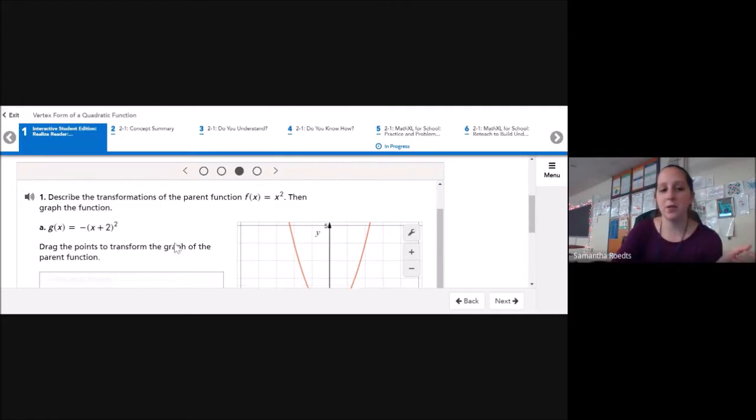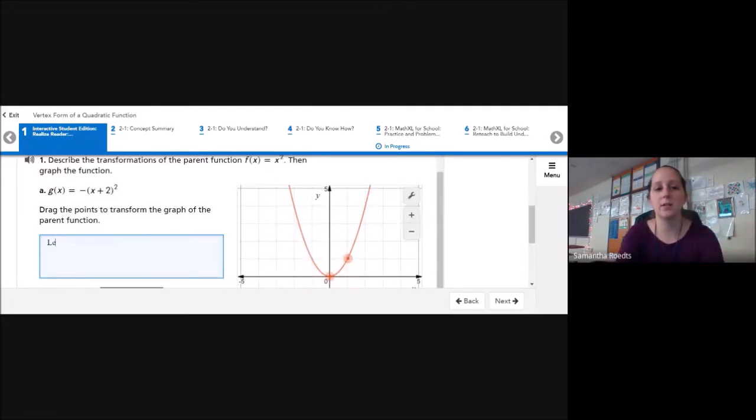Positive, so I'm going to move left. So I'm moving left 2 units. And the negative tells me that I'm flipping it. So it's reflected across the x-axis, which means it opens downward.